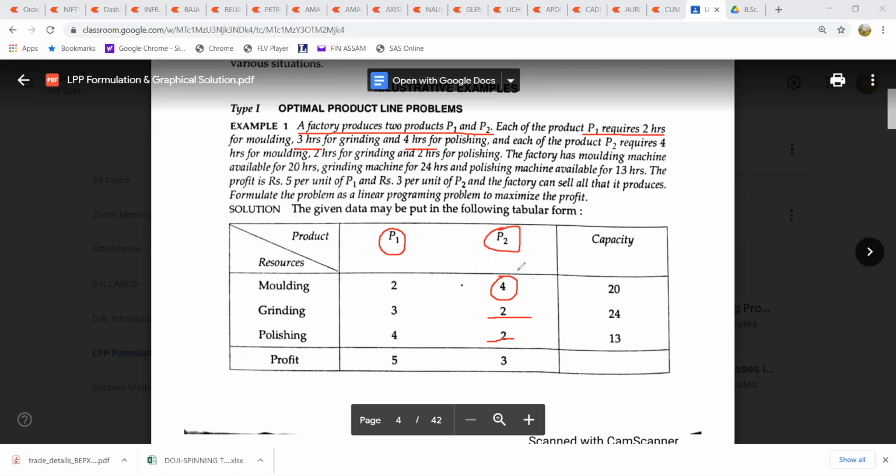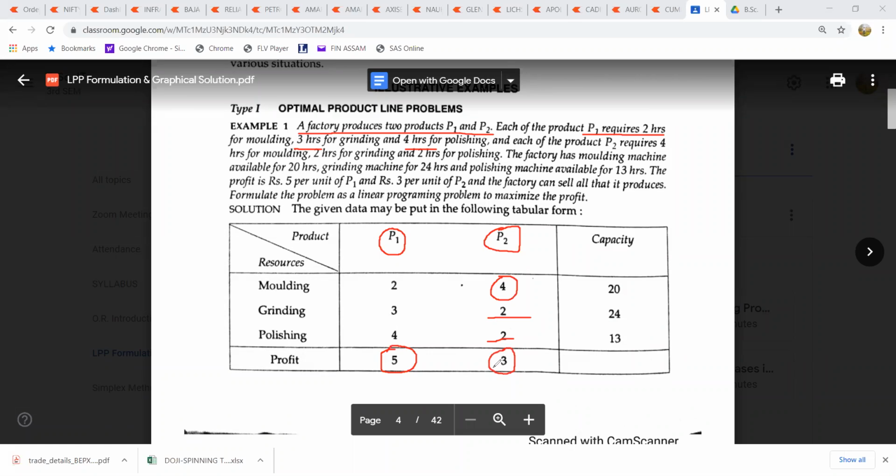Now, in one product of P1, how much profit is the company getting? Rupees 5. Similarly, in one product of P2, the company is getting 3 rupees profit.